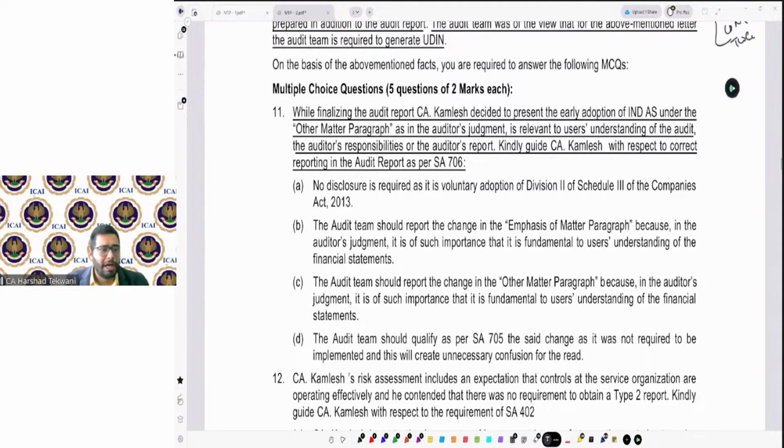Where will you report the early adoption of Ind AS? In your audit report, if you want to report early adoption of Ind AS by the management, where will you report?